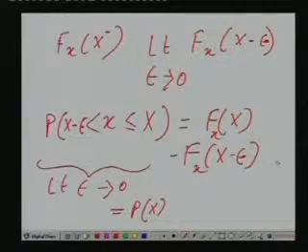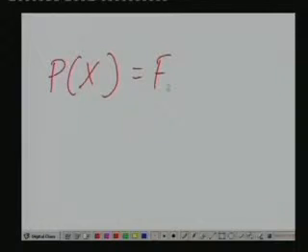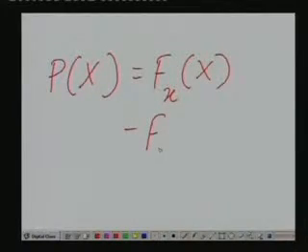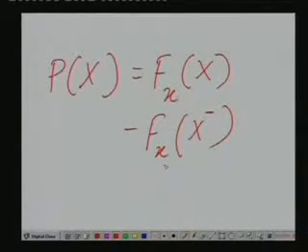That means P of capital X, that is x taking exactly the value capital X, is nothing but the probability distribution function up to x minus the left limit of the probability distribution function for the point capital X.